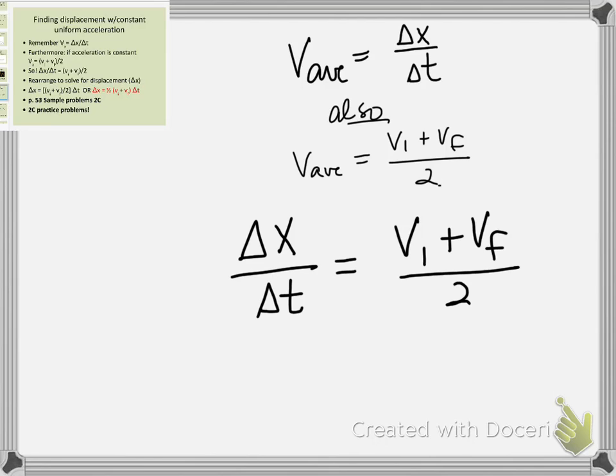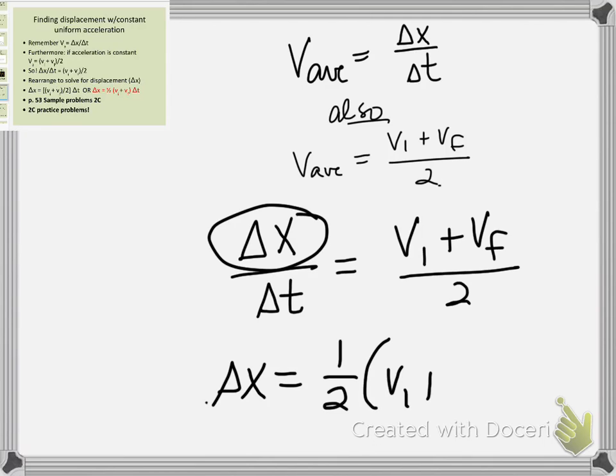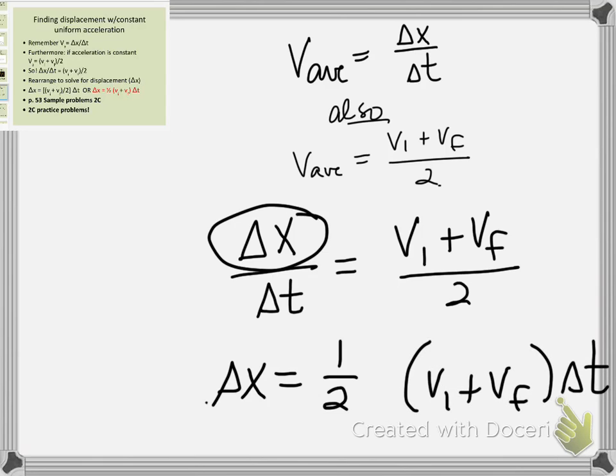So the common form that we use for this, we rearrange to solve for delta x. And we're going to pull out that 1/2. And I'm actually going to scoot that down. Looks better that way.